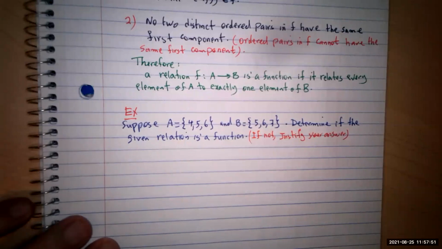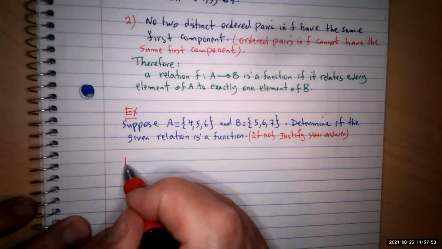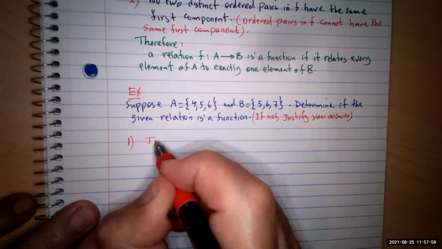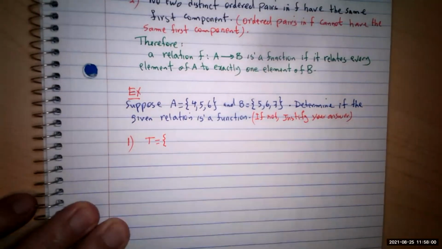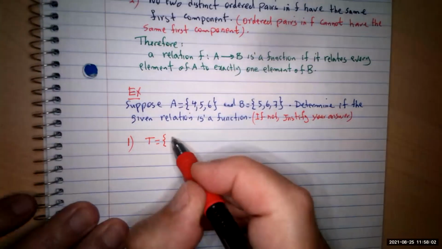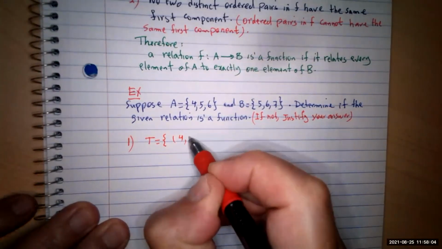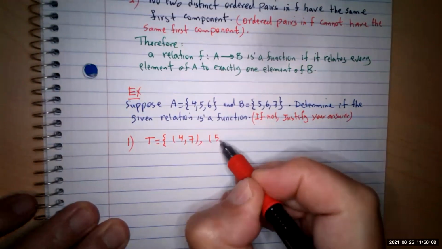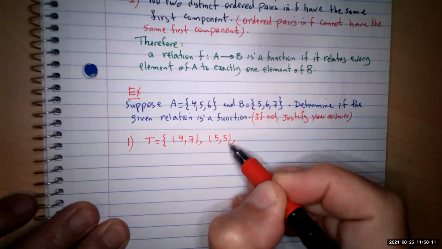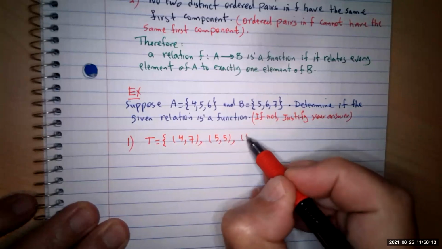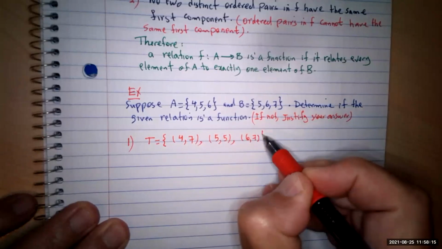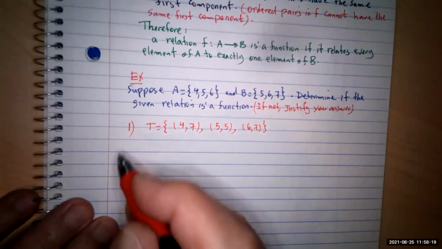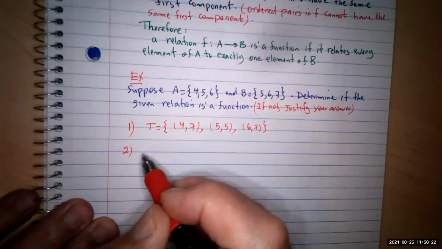Let's check the first one. The first relation is denoted by T. At T, you have the following: (4, 7), (5, 5), and (6, 7). That's the first one. I write all of them so we can compare and then answer.